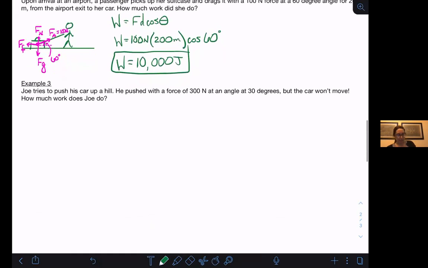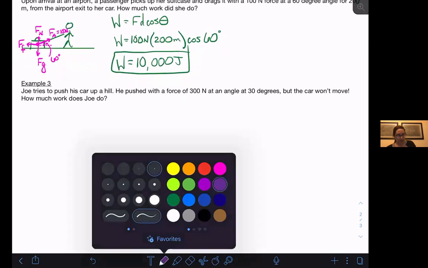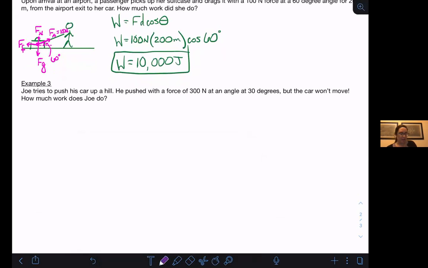All right, let's look at example problem number 3. Joe tries to push his car up a hill. He pushes it with a force of 300 newtons at an angle of 30 degrees, but the car won't move. So maybe his car stalled or something. But here's Joe. He's pushing it with a force of 300 newtons at an angle of 30 degrees.